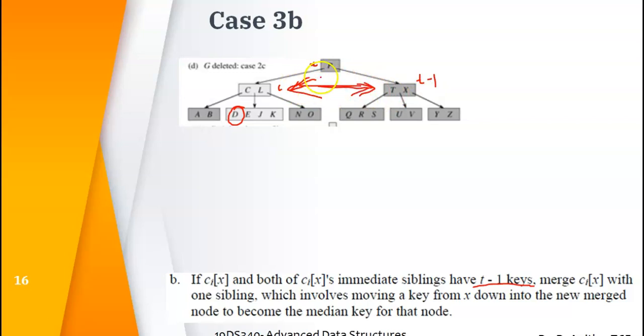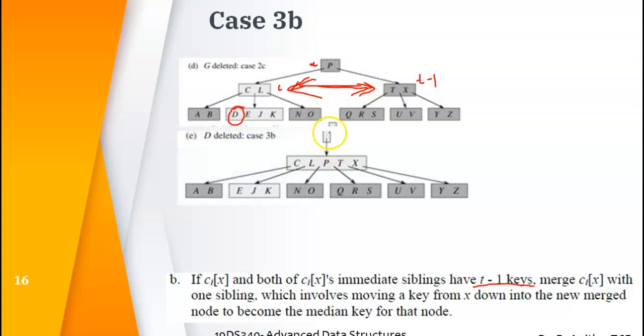Only after combining them will I reach again the node where I will find the key to be deleted. So even though this does not have the key to be deleted, I have to combine these two. After combining, see, the parent node is down, so it is combined.